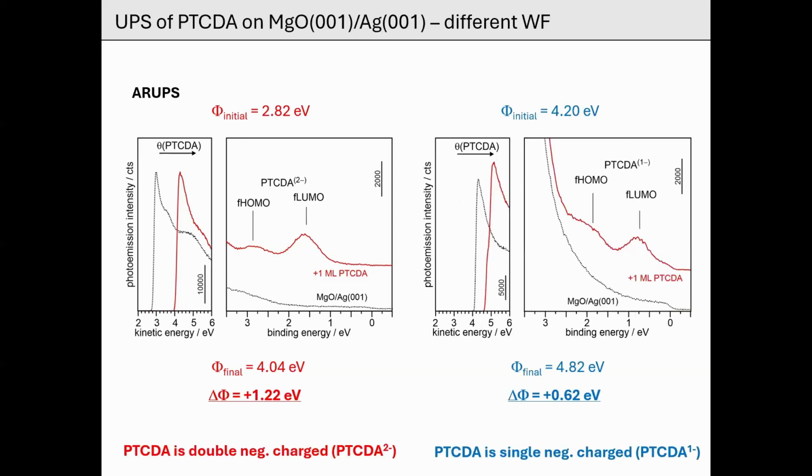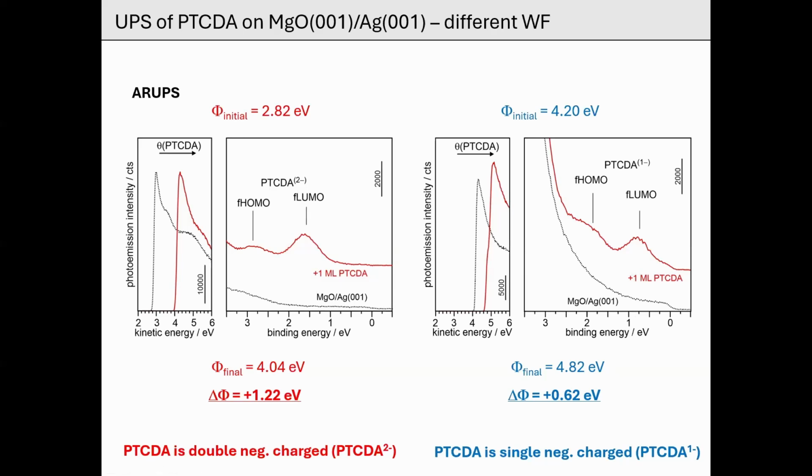Then we do the tuning again, choose a work function of the magnesium oxide which is quite high, 4.2 eV. Look at the final work function, it is 4.8, and you see the work function difference is just half that of the one that we had before.